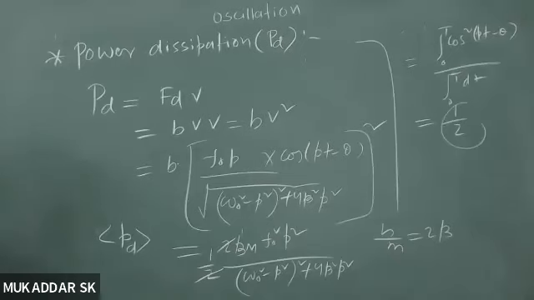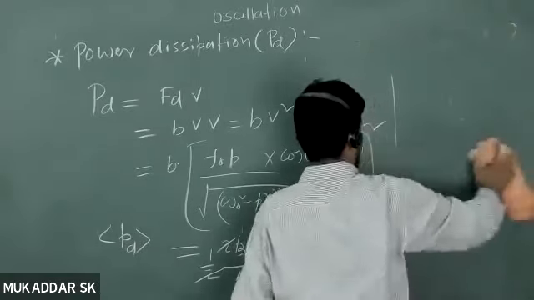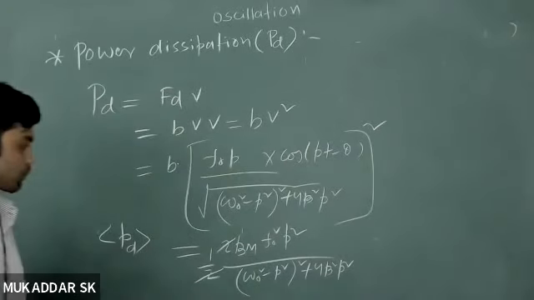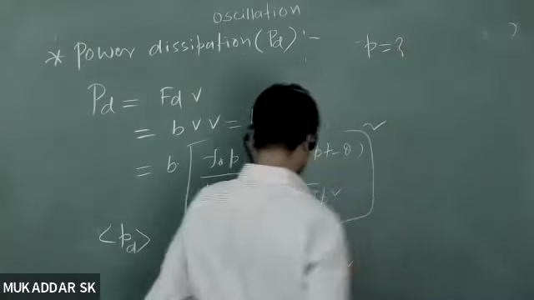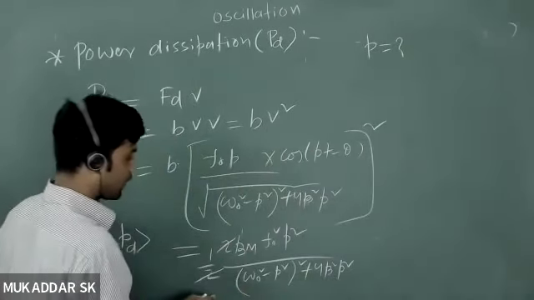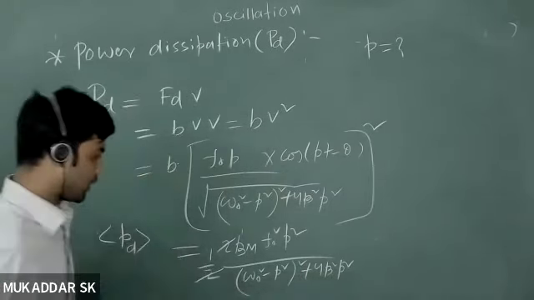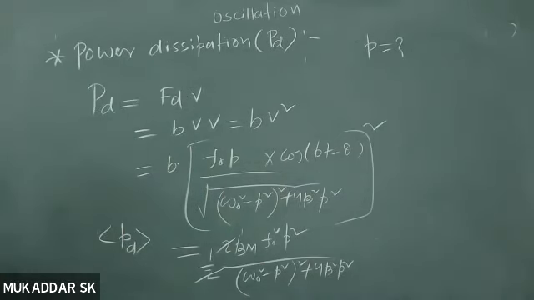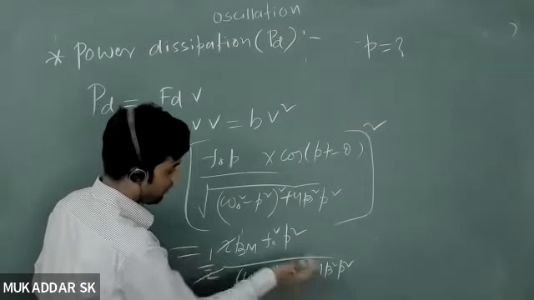Now again the question arises, at what value of driving frequency will that power dissipation be maximum? Now you can do it yourself. If you take P square common from the denominator, you can notice that at P equals omega naught, the denominator factor will be minimum, because it will come like omega naught square minus P square divided by P square, whole square, plus 4 beta square.